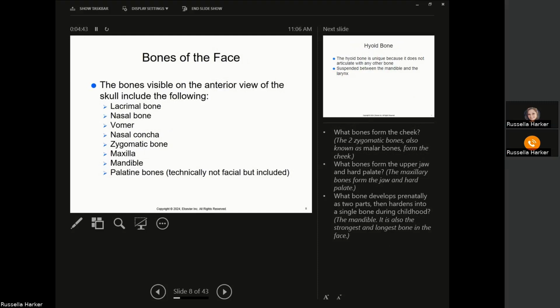The zygomatic bones rest on the maxillary bones and each articulate with the left or right zygomatic process, and the temporal process of the zygomatic bone articulates with the zygomatic process of the temporal bone to form the zygomatic arch, which creates the prominence of the cheek. They're useful in identifying maxillary radiographs. So when you're looking at your maxillary radiographs, you're going to look for that zygomatic arch to help you decide if it is a maxillary radiograph or a mandibular radiograph.